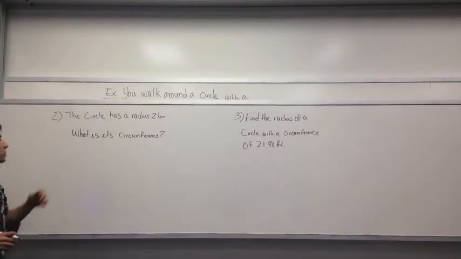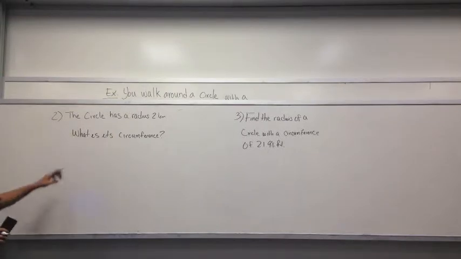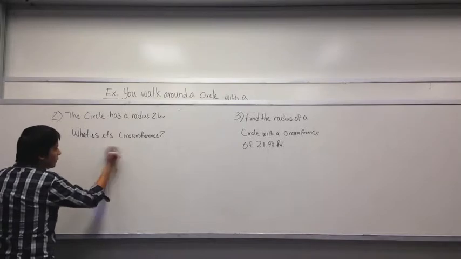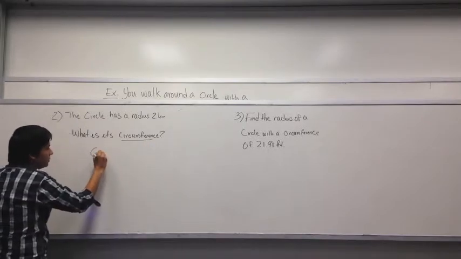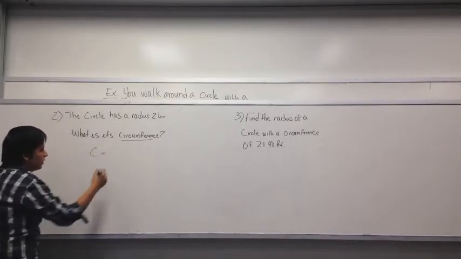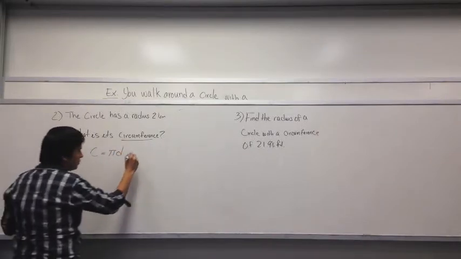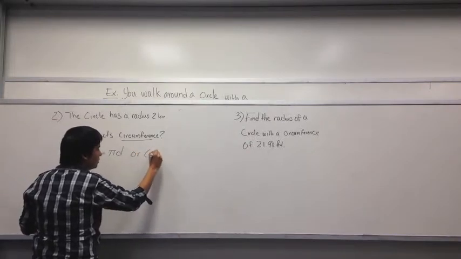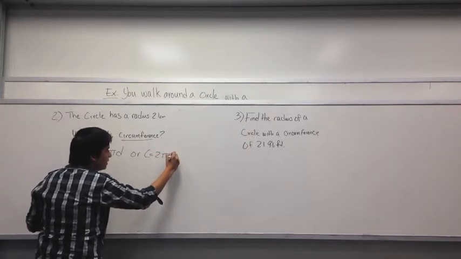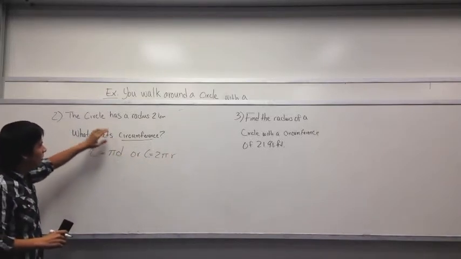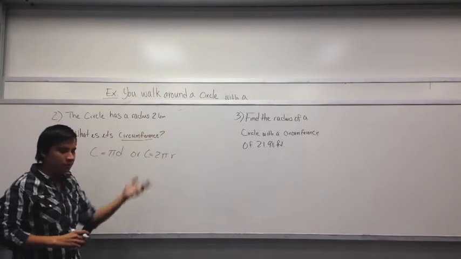For example number 2, the circle has a radius of 21 centimeters. What is the circumference? We're going to find the circumference, which is C is equal to pi times D, or we could use C is equal to 2 times pi times R. For this example, we could use the second one because it gives us the radius. The radius is 21.